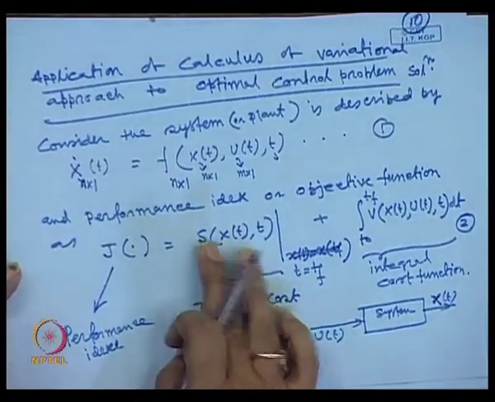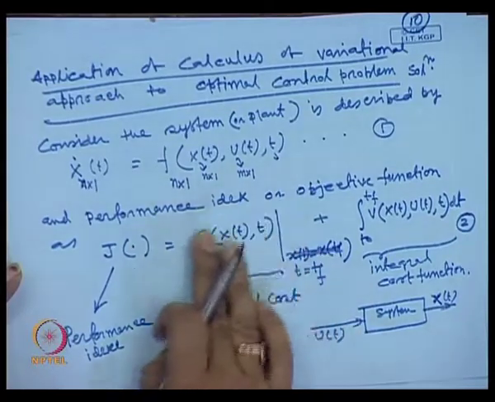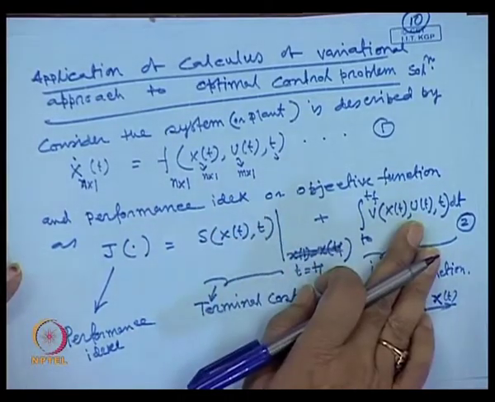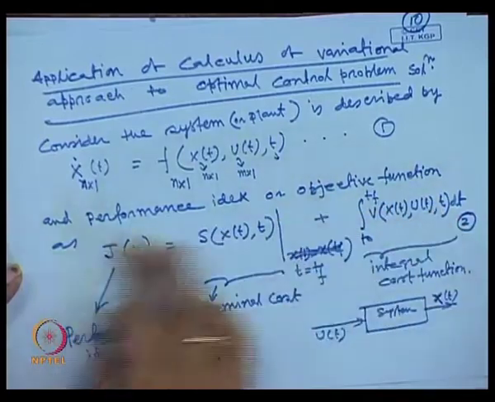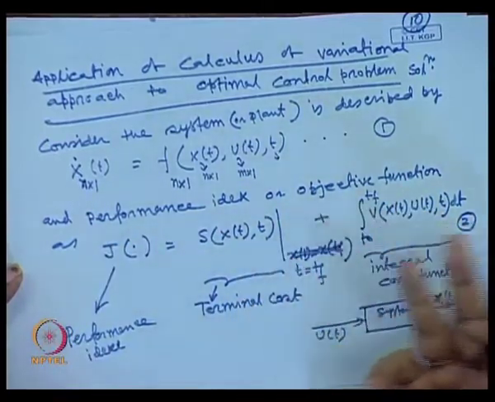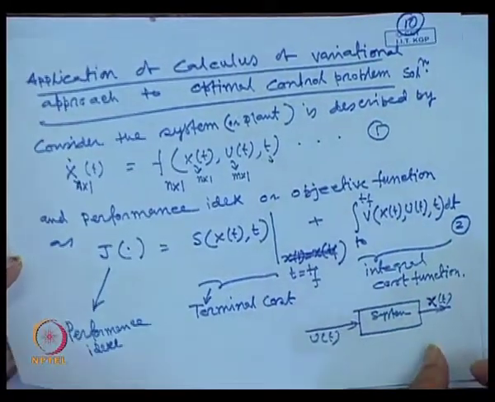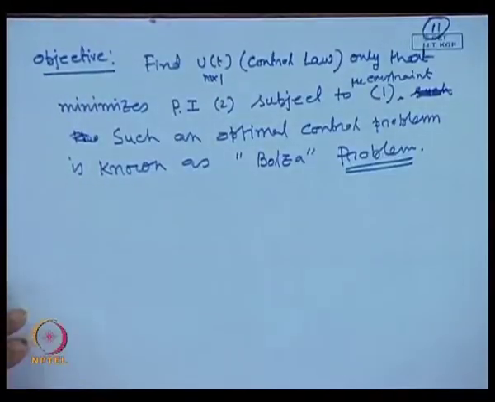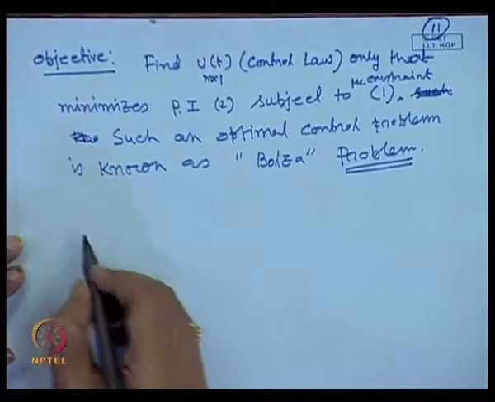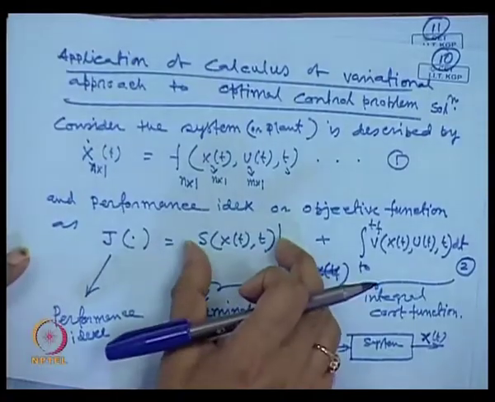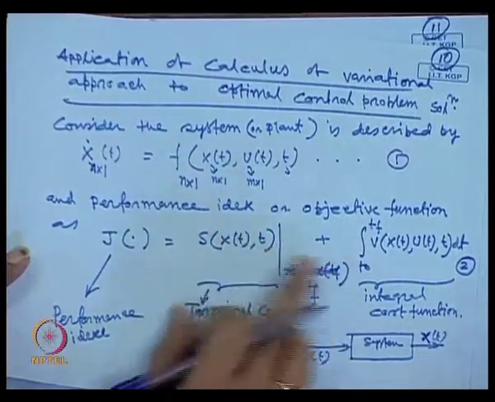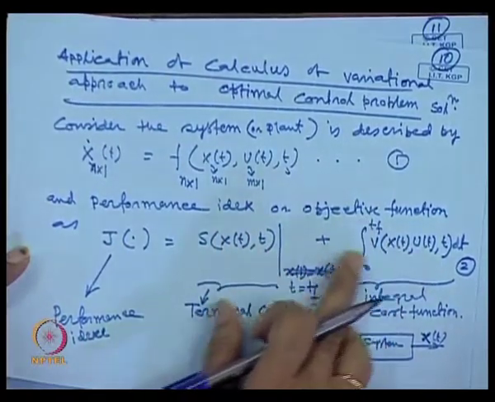So, by some means if we can push this term into the integrand part of this equation, then our problem is similar to the earlier problem. Let us see how one can do this. Our job is to push this term into the integrand part of this functional.